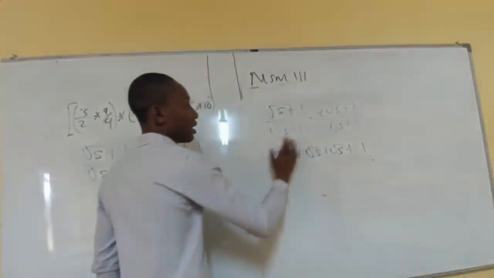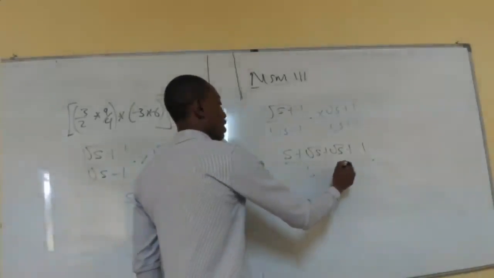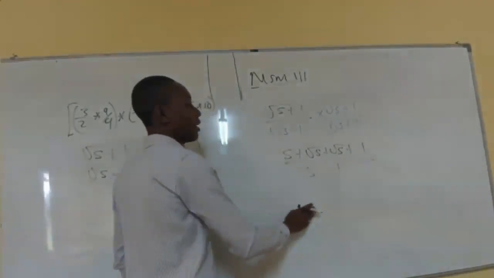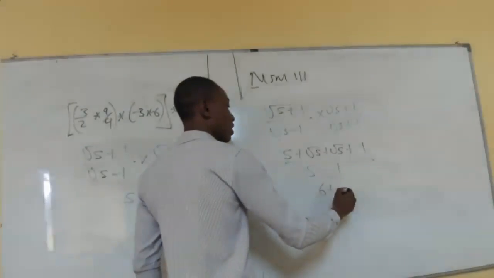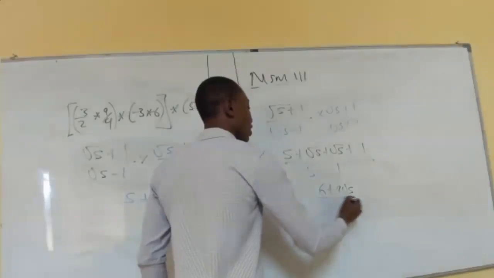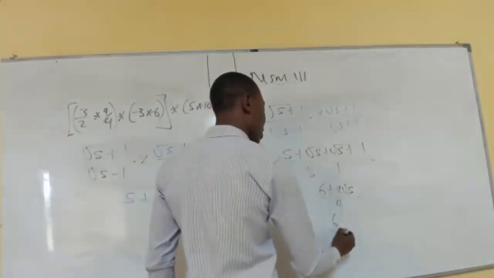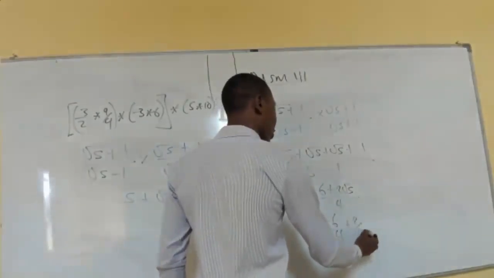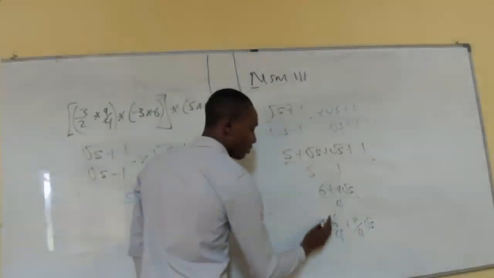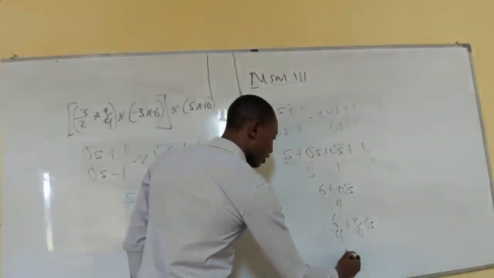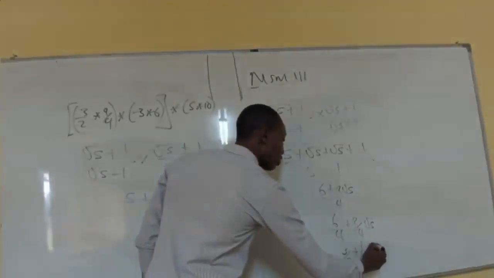Over it, remember that the denominator is a difference of 2 squares, so it becomes 5 minus 1. So we have 5 plus 1 is 6, so 6 plus 2 root 5 over 4, since 5 minus 1 is 4. So this is 6 over 4 plus 2 over 4 root 5. The final answer is simply 3 over 2 plus 1 over 2 root 5.